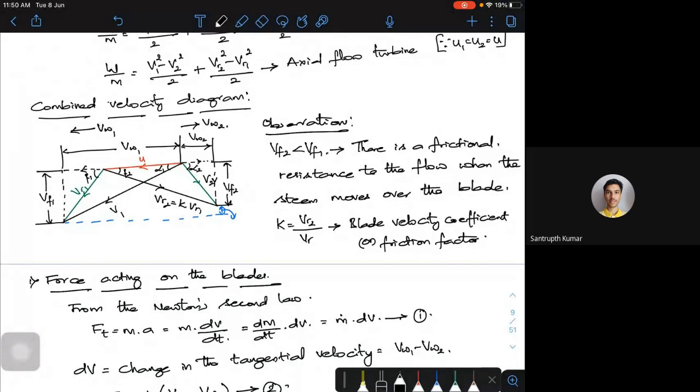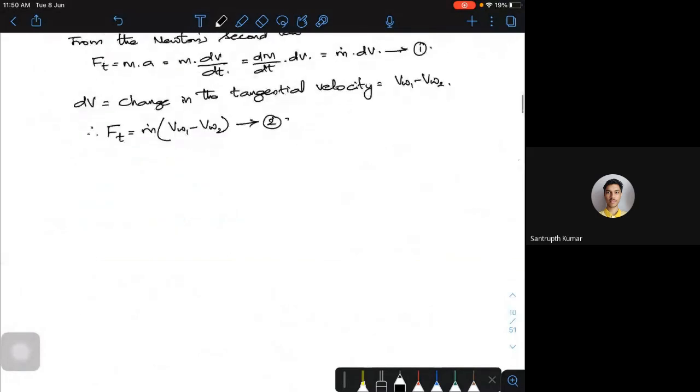There are two cases here, and I will write both. One, if Vw2, that is whirl velocity, is in the opposite direction to the blade motion.